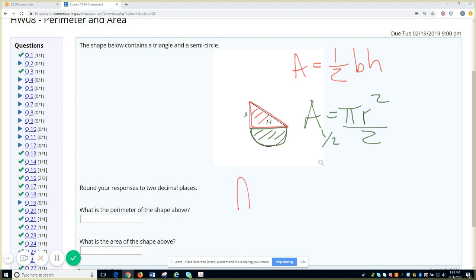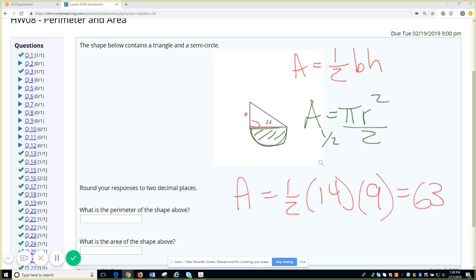Okay, so the nice thing for the triangle is that we are given the base, 14. We are given the height, which is 9. All we have to do is just multiply 14 times 9, divide that by 2 to get 63 units squared.